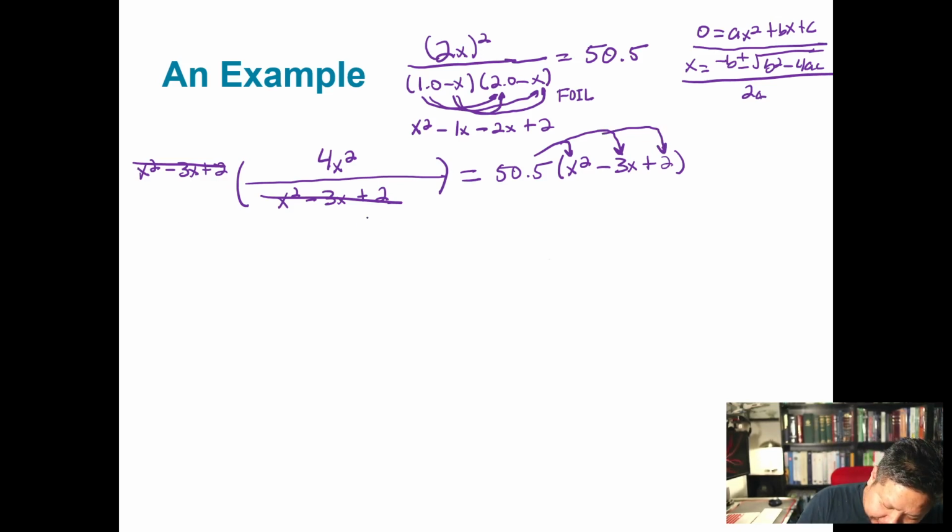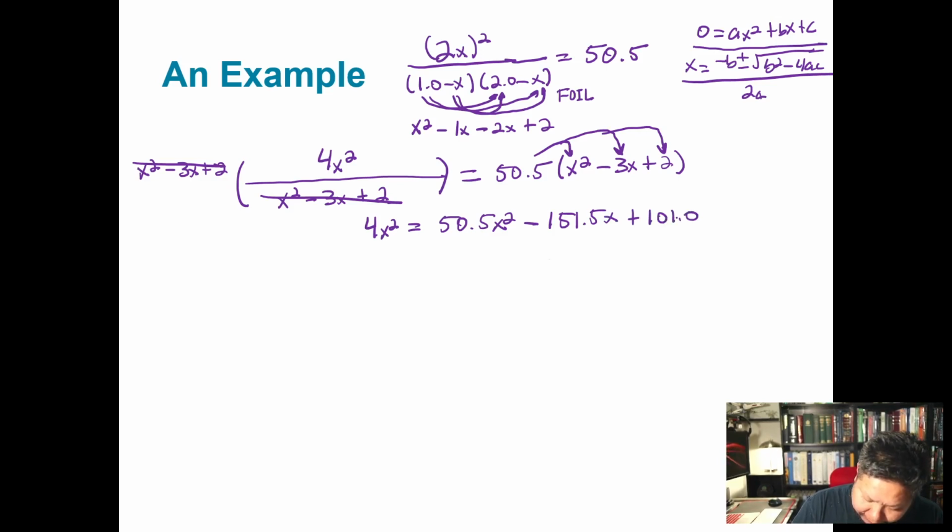That gets us to this point here, where we now have 4x squared equals 50.5 times x squared, which is 50.5x squared. And then 50.5 times negative 3x gives us minus 151.5x. And then 50.5 times 2 gets us a nice 101.0.